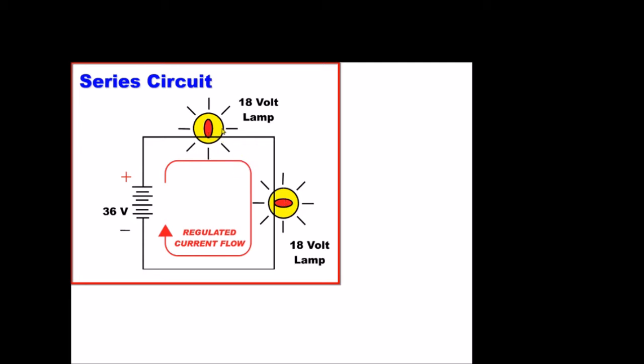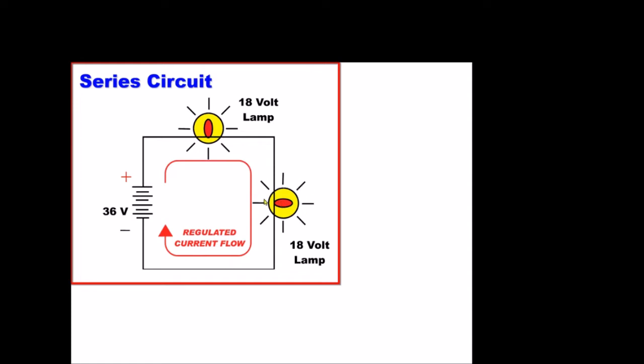Okay, so 2 lamps in series with each other on a 36 volt battery need to be 18 volts because each one of these lamps, if they are equal in resistance, will share the voltage drop throughout the circuit.